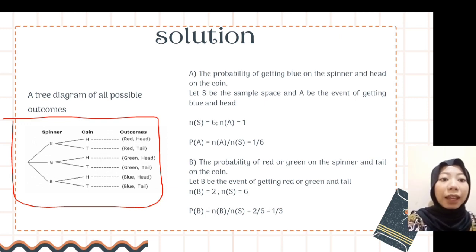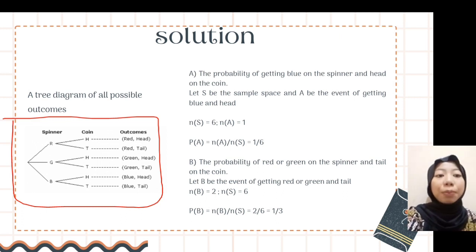So, n(S) equal 6 and n(A) equal 1. So, P(A) equals n(A) over n(S) equals 1 over 6. So the probability of getting blue on the spinner and head on the coin is 1 over 6.